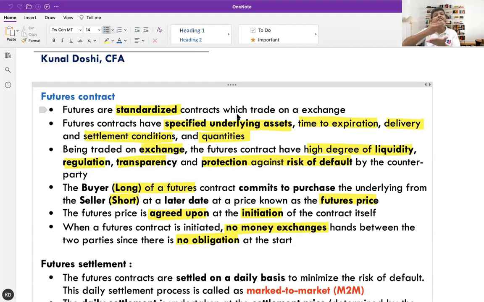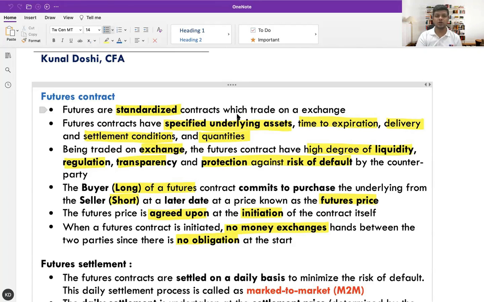So the futures contract is for 1 month, right? But every day the calculation takes place. What calculation? As to who is the winner and who is the loser. Even though we don't finish the game, we may take the game till the last day, that is maturity, which is 1 month. Correct? But every day the exchange does the calculation that as of date, who has to pay how much.